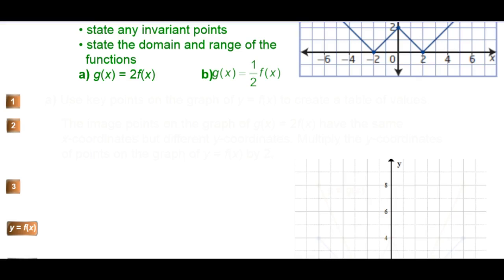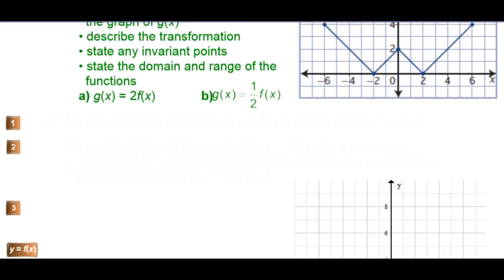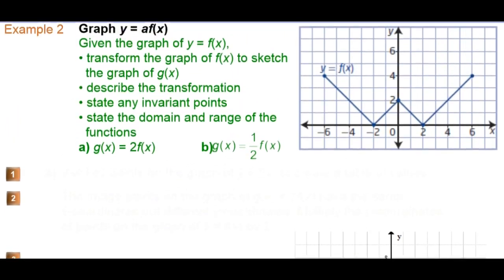If we wanted to graph this, we're going to graph the new points on this graph. This was -6 and now 8, so we're here. Then we're at -2 and 0, that's our invariant point, it's shared.